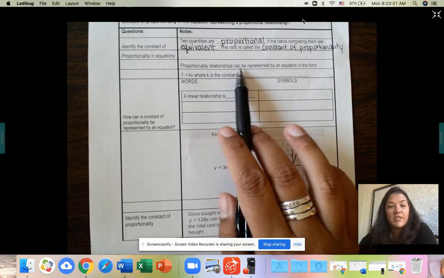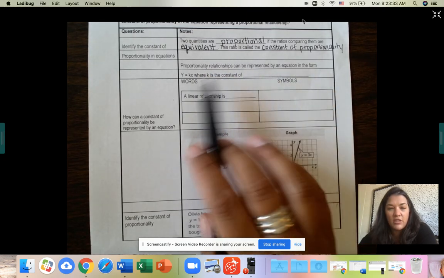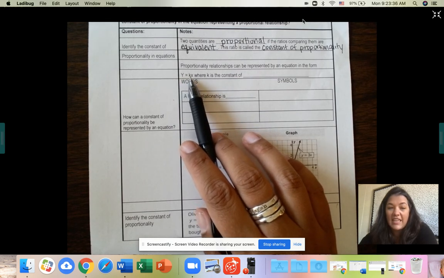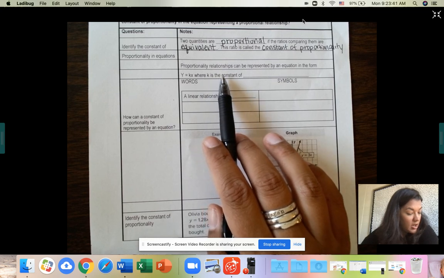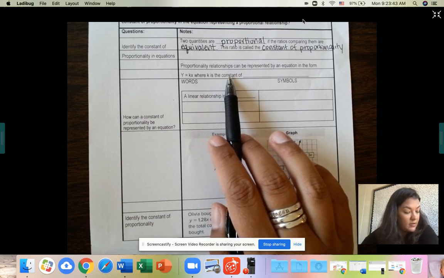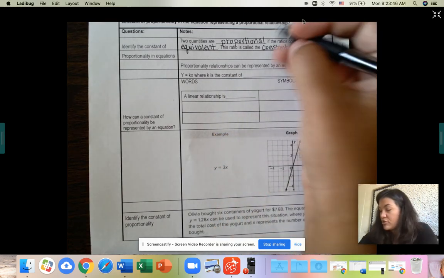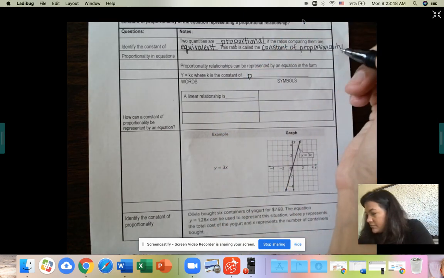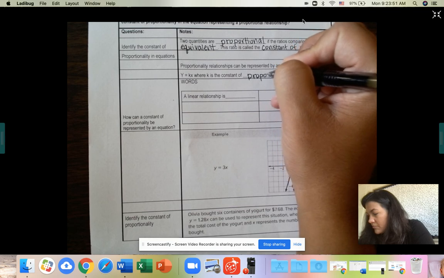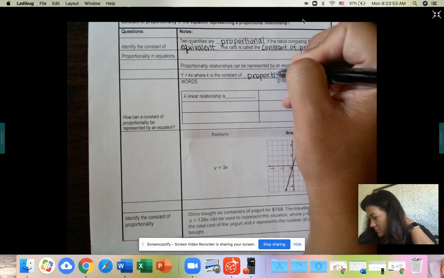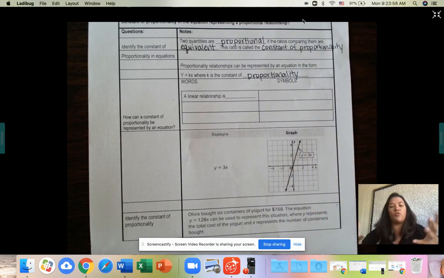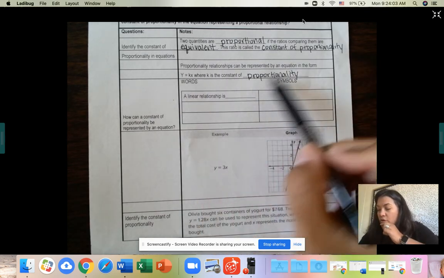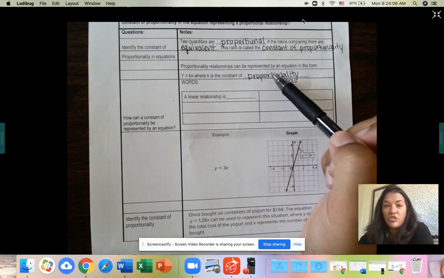Proportional relationships can be represented by an equation in the form y is equal to kx, where k is the constant of proportionality. So we're going to have two things that have a relationship, and the most important thing for you to realize here is the relationship is going to be proportional.